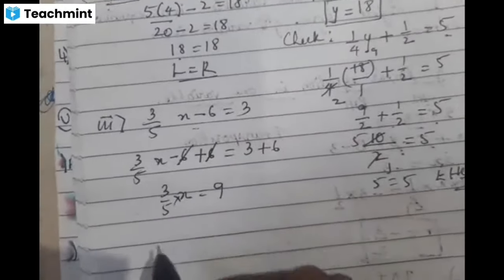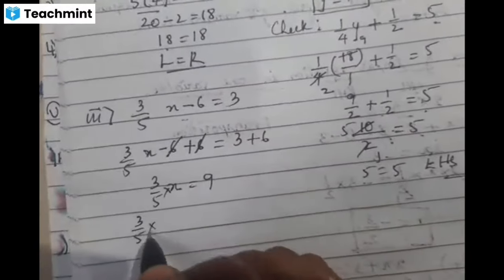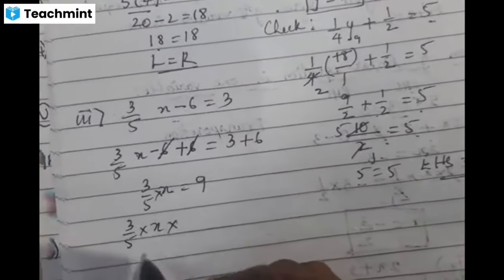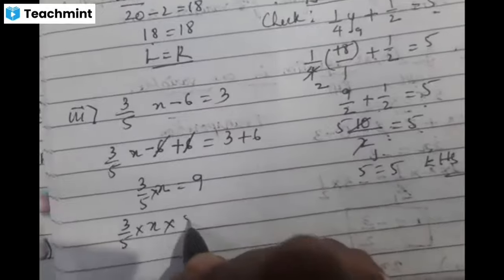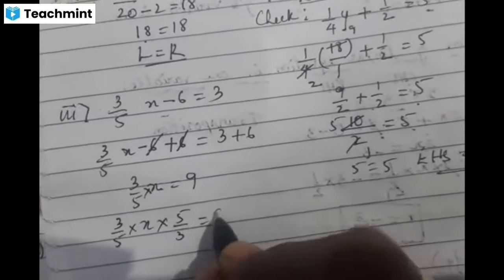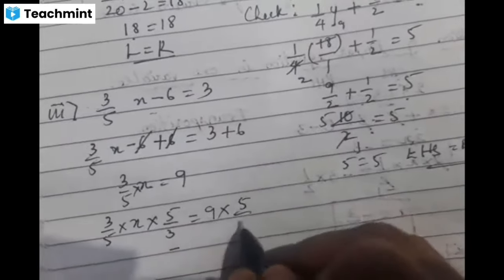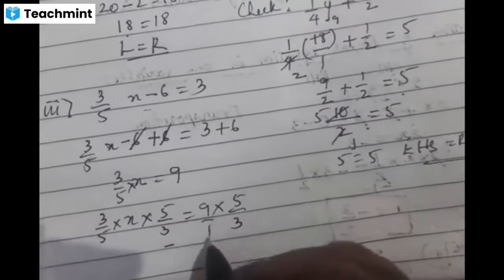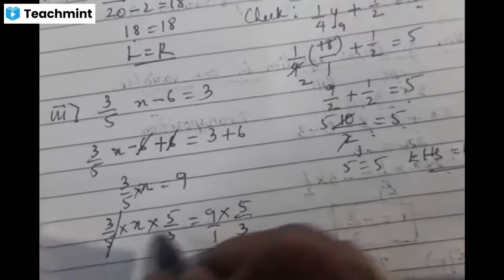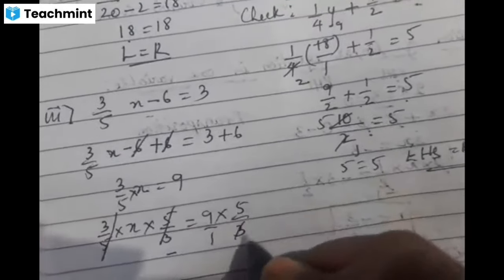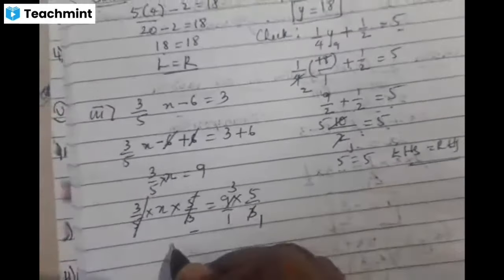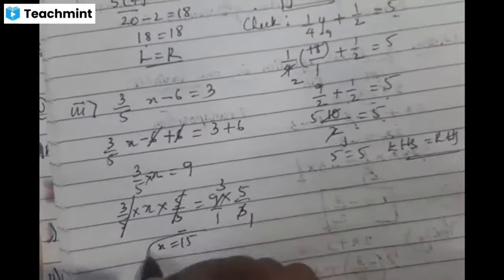Now 3 by 5 is multiplied with x. I multiply by the reciprocal now, that is 5 by 3. Because I have multiplied 5 by 3 in the left hand side, I multiply the same in the right hand side. We are cancelling 3 by 5 and 5 by 3. 3 ones are, 3 threes are. Therefore, x is equal to 15.